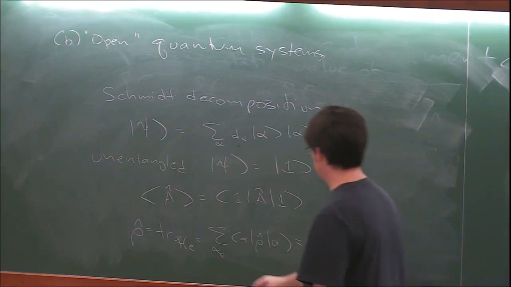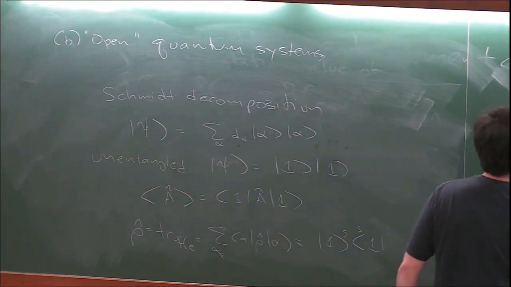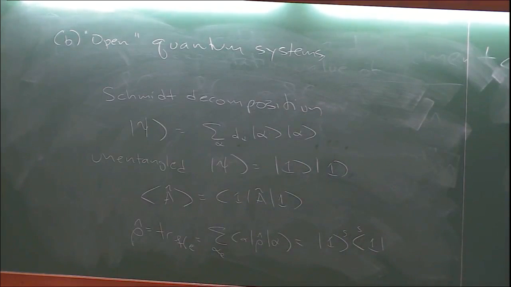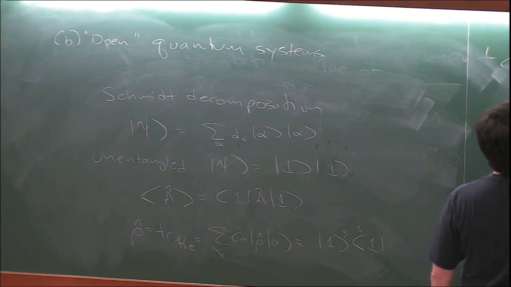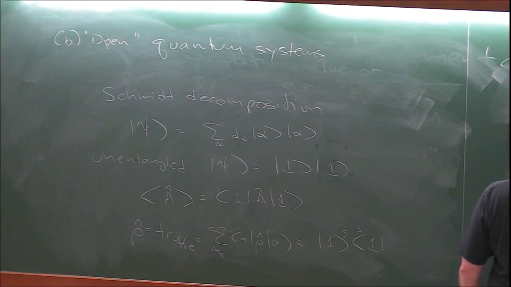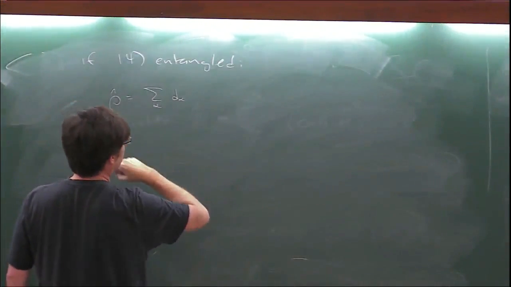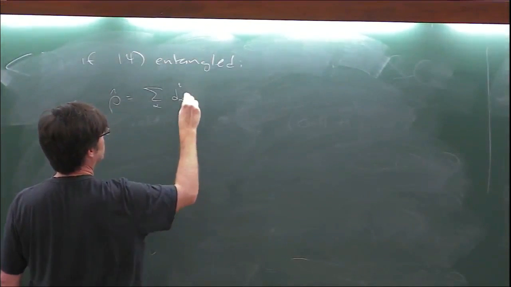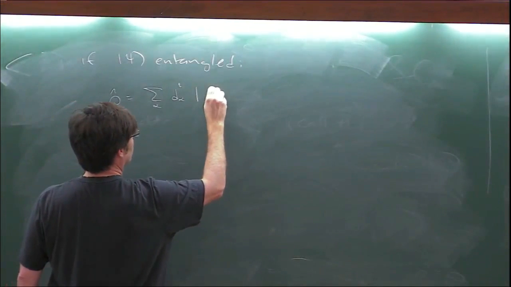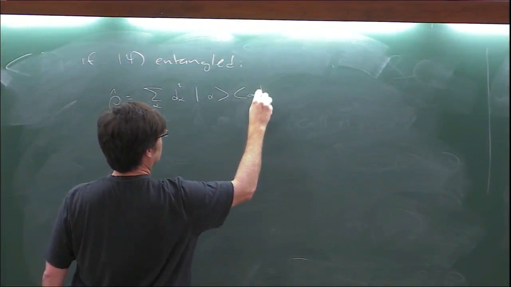Whereas if the state isn't, so if psi is entangled, then using the Schmidt decomposition, I'll find more generally that rho alpha takes this form, d alpha squared times alpha alpha.